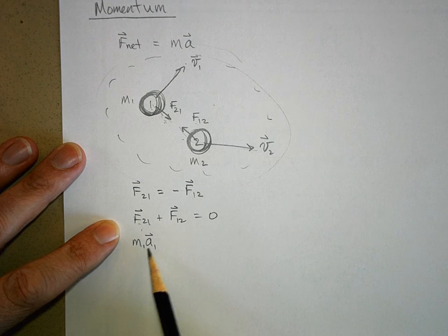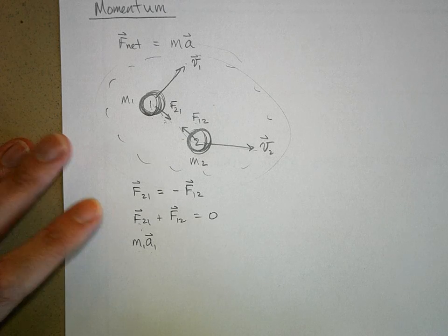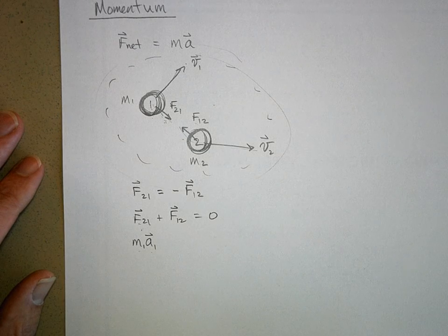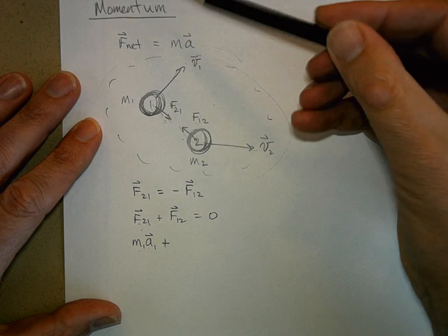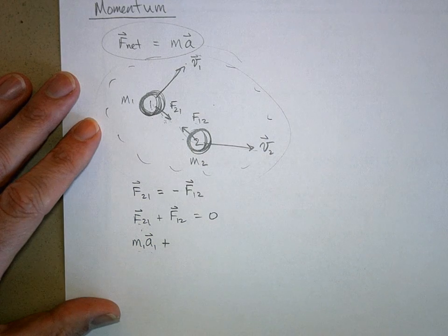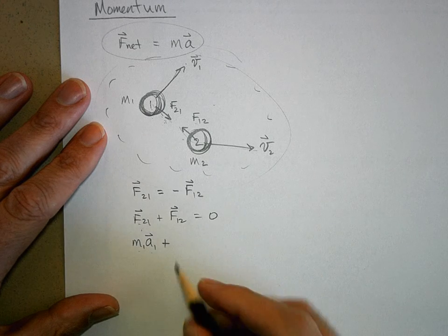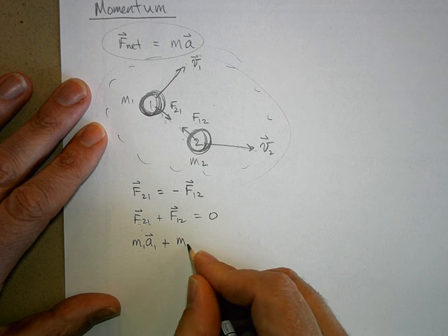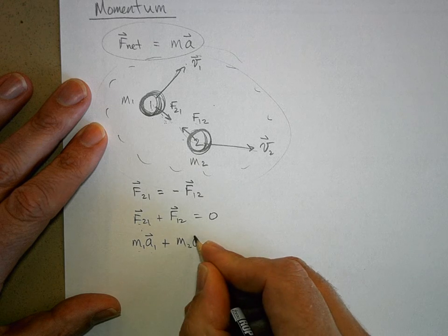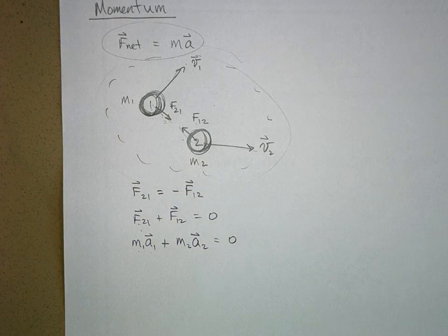The force of 2 on 1 is the net force, and so it's equal to m1 a1. That's kind of what we said before. And this Newton's second law, it works. It's true. Now by the same reasoning, this is the mass of 2 times the acceleration of object 2. And the sum is going to be equal to 0.